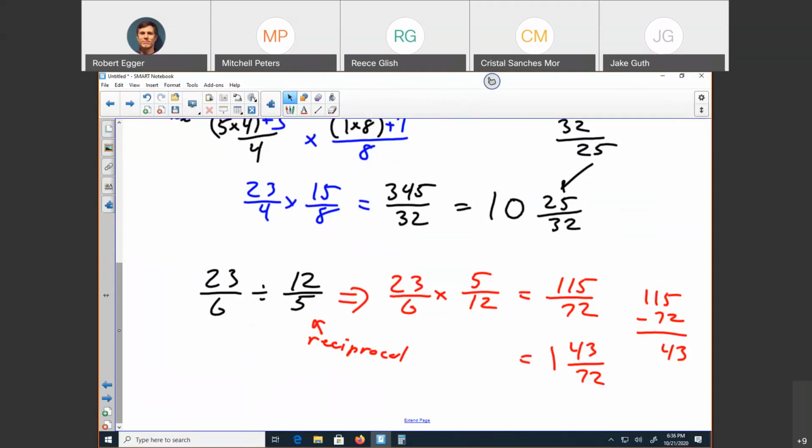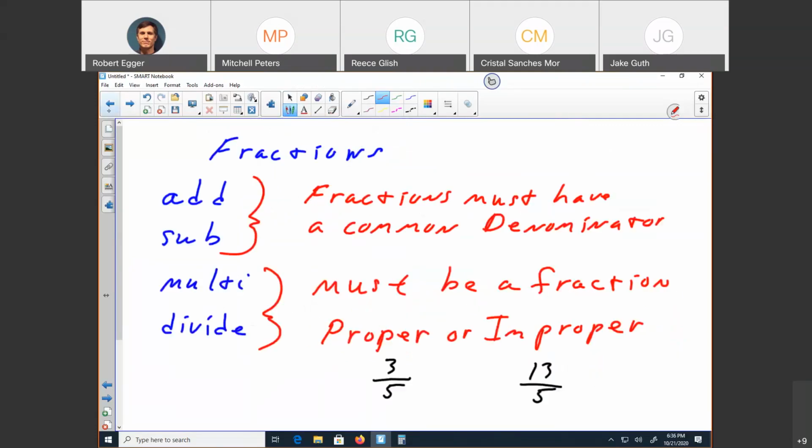So again, focus yourself on adding, subtracting, multiplying, and dividing fractions. Not hard, especially if you keep the two golden rules in mind. Adding and subtracting need a common denominator, preferably the lowest common denominator.